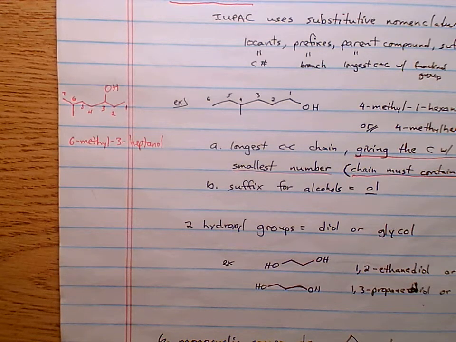But just like some of our other issues with alkyl halides, we've got to worry about common names also. So, let's look at some small molecules and their common names. All right.